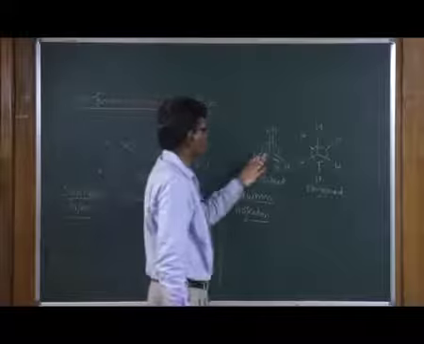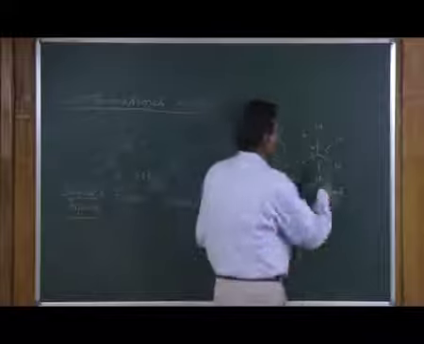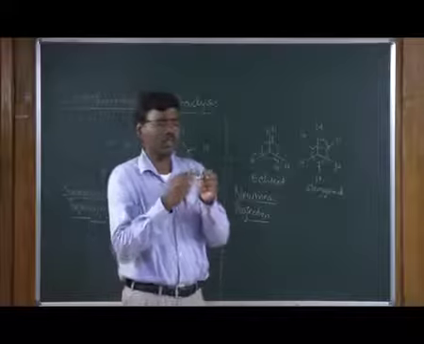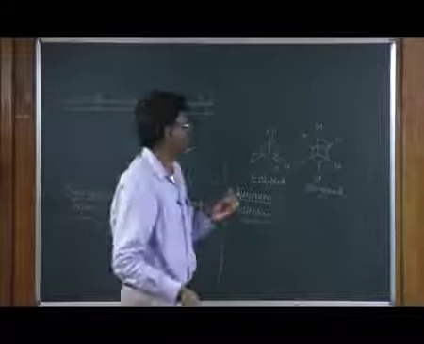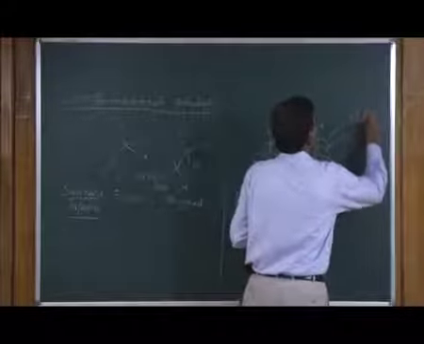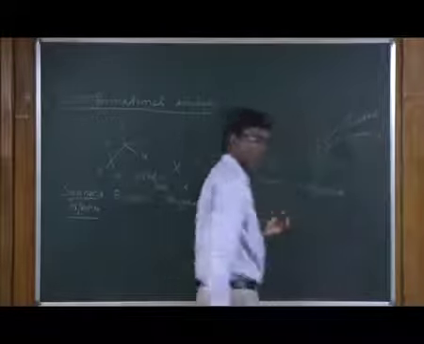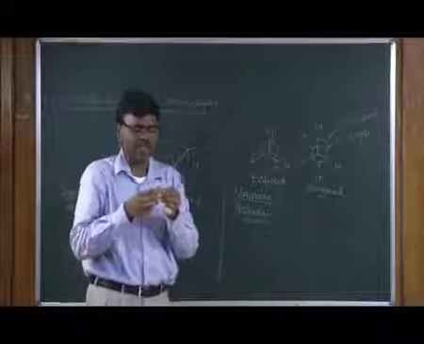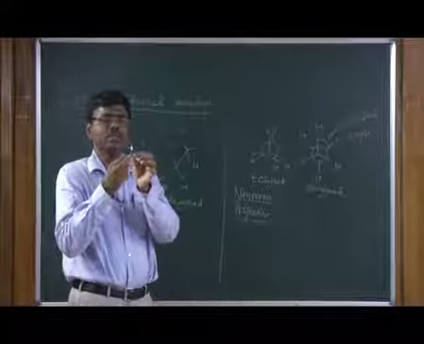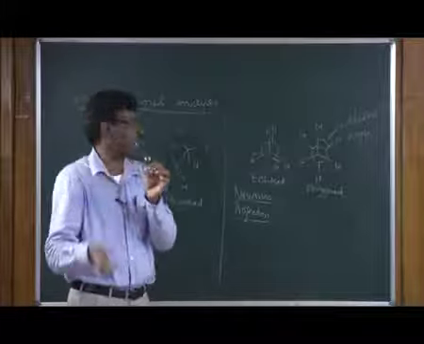You can see here exactly, this is the eclipsed conformation, this is the staggered conformation, and the difference between these two, for example, in this case, is the dihedral angle. These two are extreme cases. This is the more sterically hindered one, and due to the bond repulsion, this is called torsional strain.